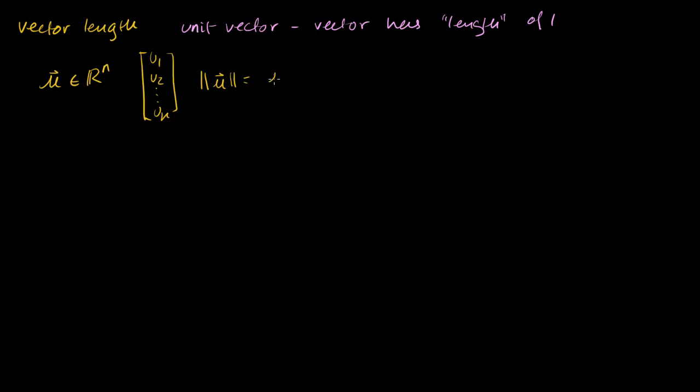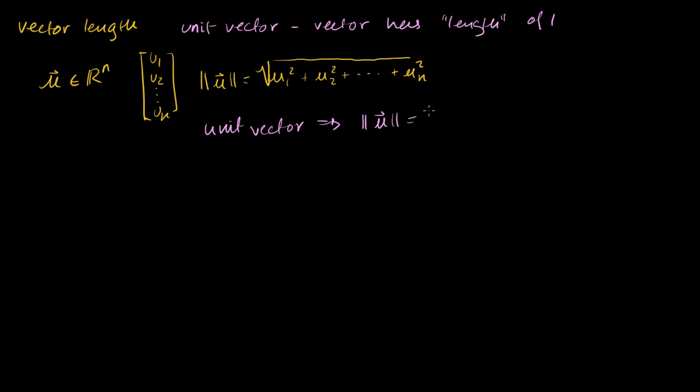So it's the square root of u1 squared plus u2 squared all the way to un squared. If this is a unit vector, that implies that the length of u will be equal to 1.